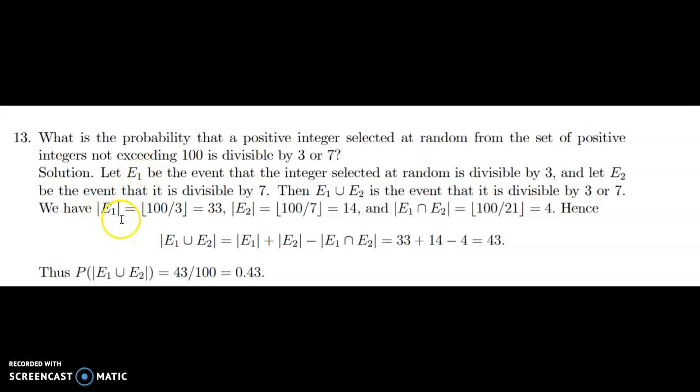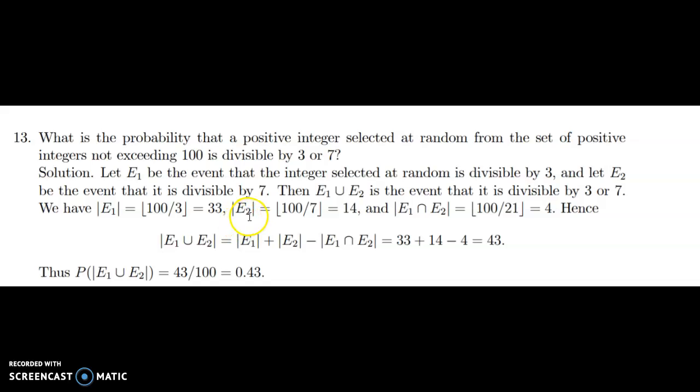How many multiples of 3 among the first 100 numbers? If you think about that, it is just the floor of 100 divided by 3, and it is 33. These are the multiples of 3: 3, 6, 9, and so on, up to 99. There are 33 such multiples of 3.